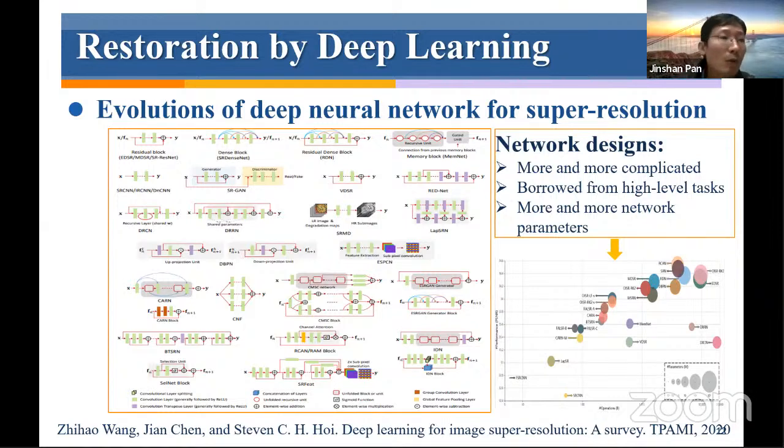And some key components in these networks, for example, the channel attention, are borrowed from high-level tasks, which do not consider the degradation process. And in addition, based on the conclusions of this survey paper, the networks contain more and more network parameters, like this figure, which may lead to limited generalization ability.